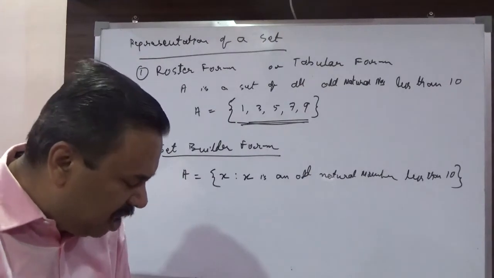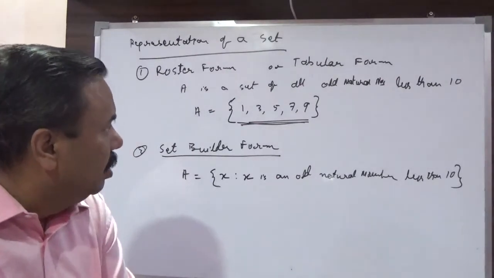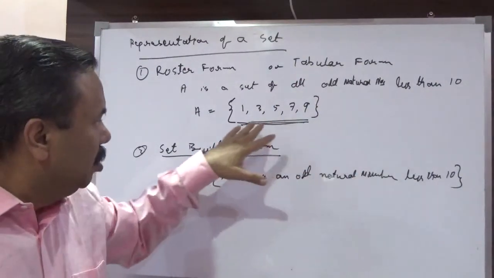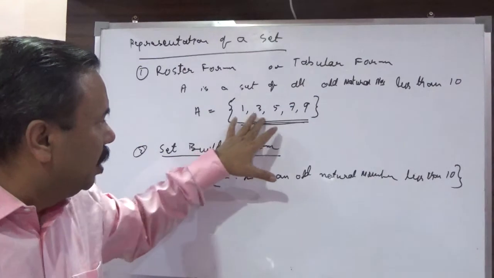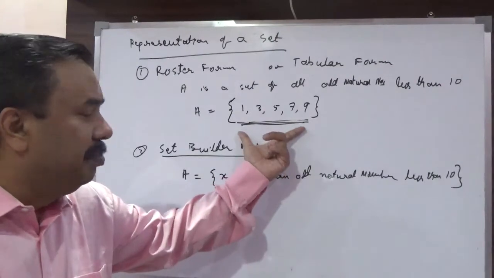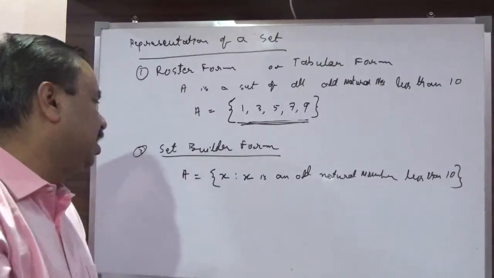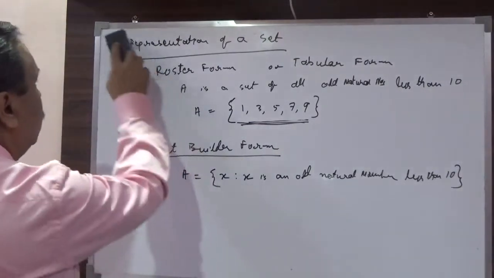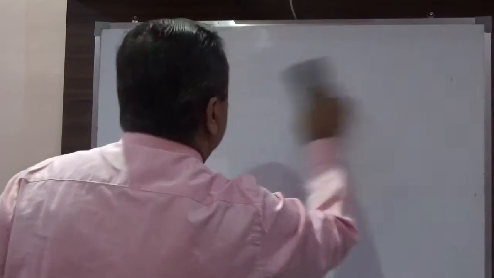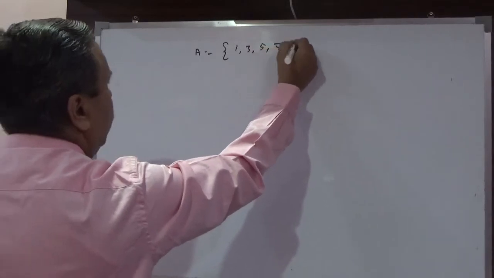Now some specific kinds of sets. For example, in the example I have given you, the list of elements or list of members is limited. In such a case, it is called a finite set. From my previous example, A was {1, 3, 5, 7, 9}.